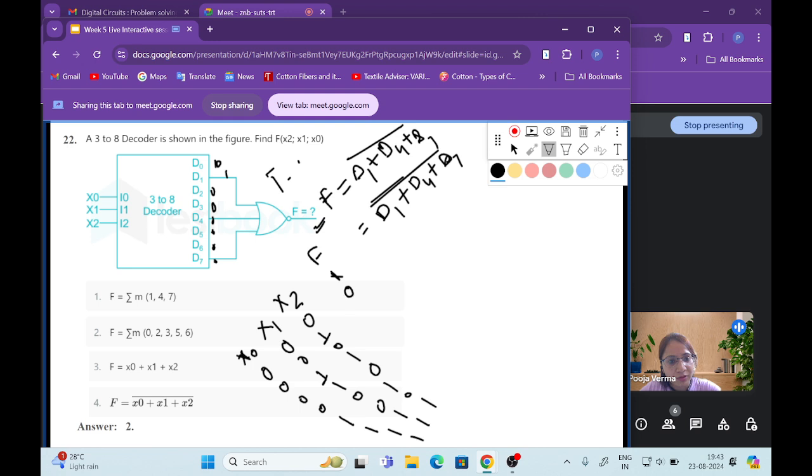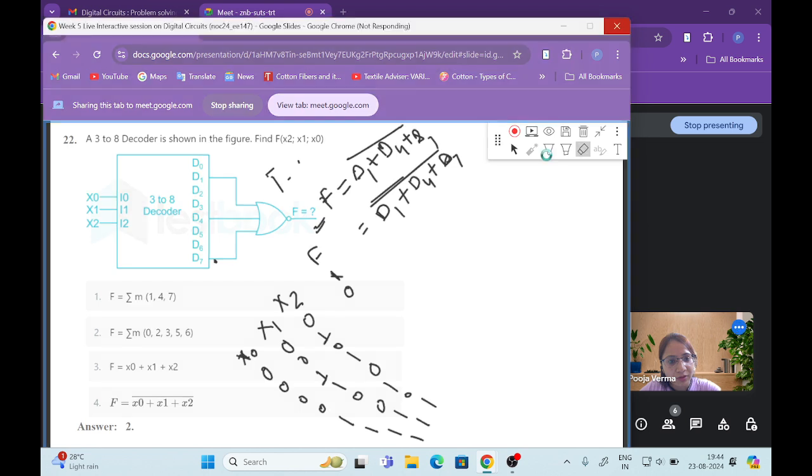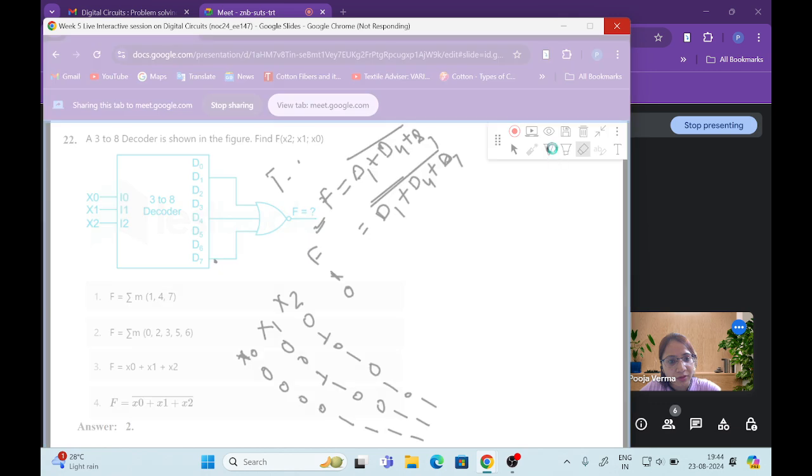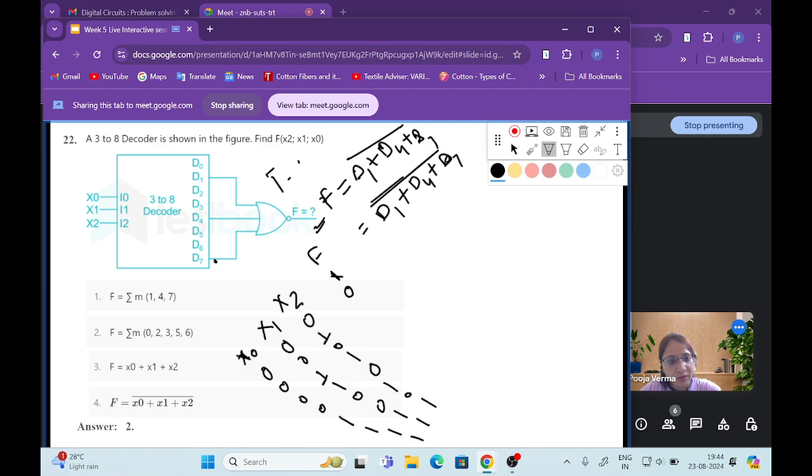Now check the next. So for the next, can anyone of you tell me what will be the possible combination, what we will get as the output? Any one of you want to tell?